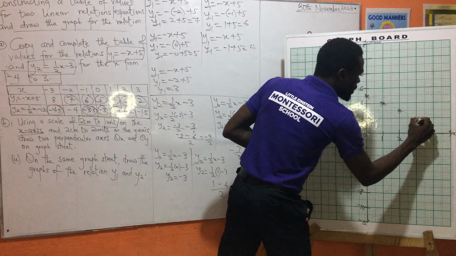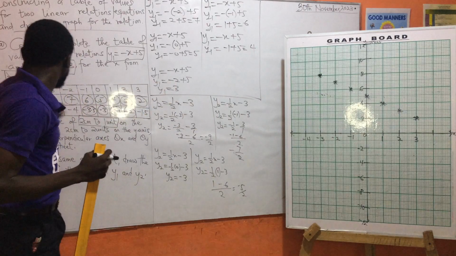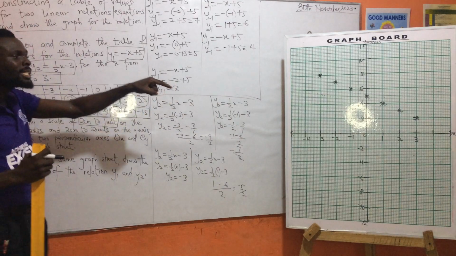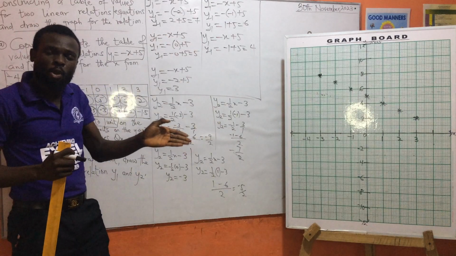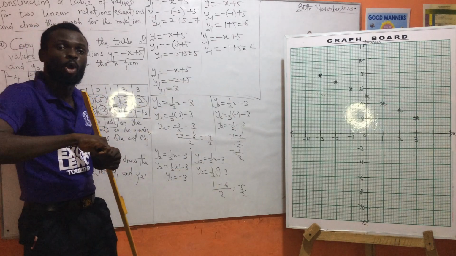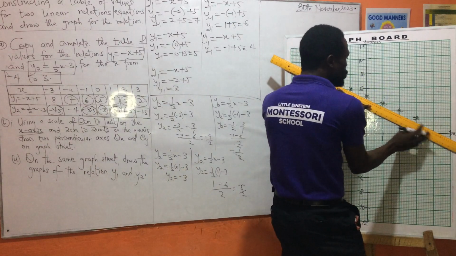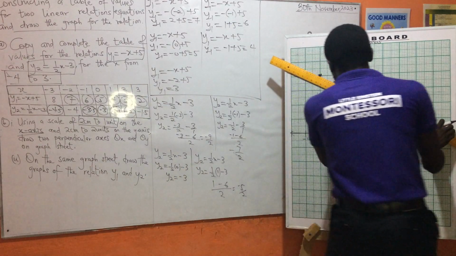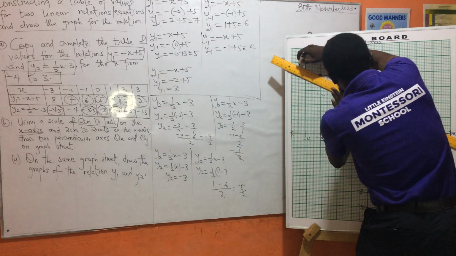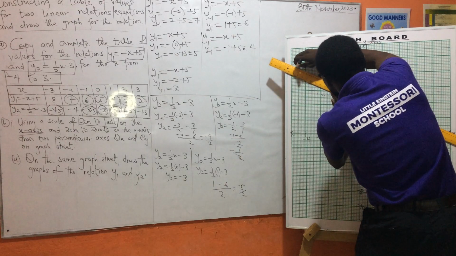3, 2. Here. Now, after plotting this relation, because it is a line graph, a linear equation, we join all the points using a straight edge or a rule. So we join all the points to get a straight line nicely.